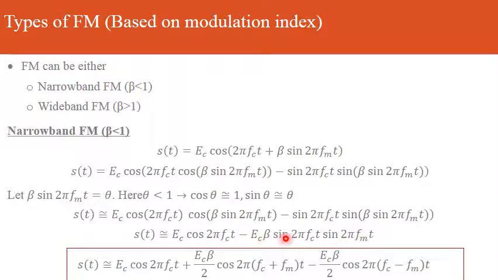Now we can substitute one more trigonometric formula: sin A sin B is equal to [cos(A − B) − cos(A + B)]/2, written here as cos(A+B)/2 minus cos(A−B)/2 with the corresponding sign. So the narrow band FM signal can be written as Ec cos 2π fc t plus Ec β/2 cos 2π (fc + fm) t minus Ec β/2 cos 2π (fc − fm) t.